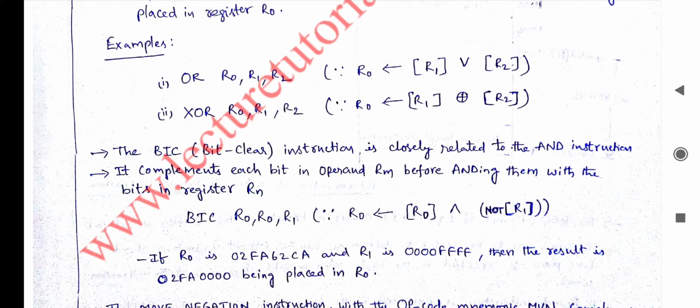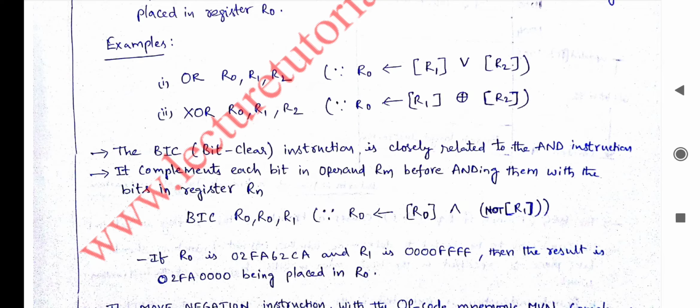Before performing the AND operation, the contents stored in Rm are complemented. Complement means if it is 1, it is converted to 0. If it is 0, it is converted to 1. Like that, the complement is performed before ANDing with the bits in register Rn.